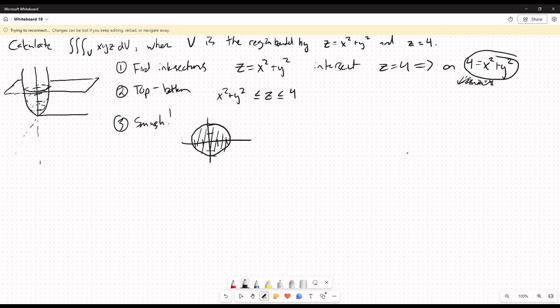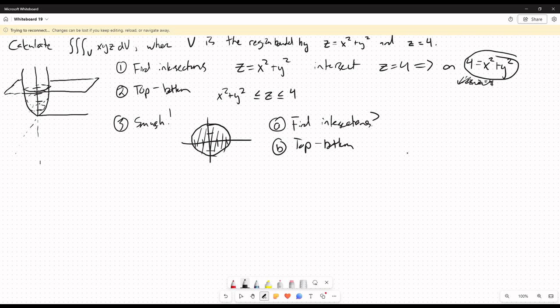So now I want to come up with a way to talk about this. We're once again going to do, I'll call this region A, we're going to find intersections, sort of, and then we're going to do top minus bottom. Intersection seems like kind of a weird word here. But if we look at top minus bottom, that might help us figure out what exactly we mean by intersections.